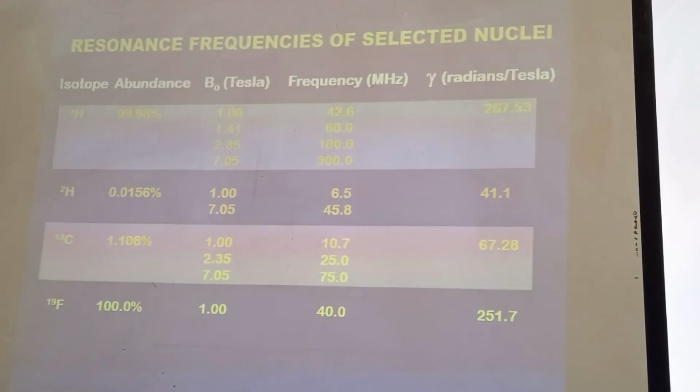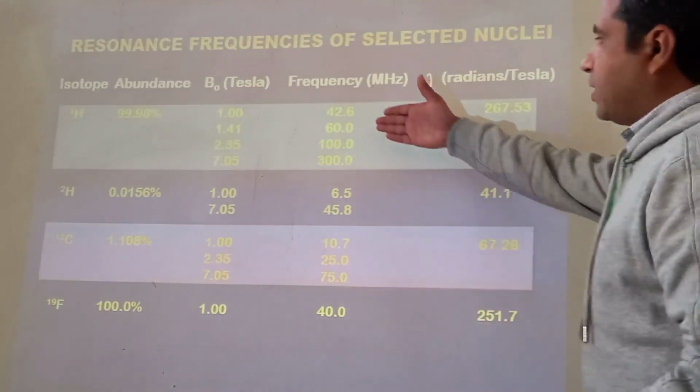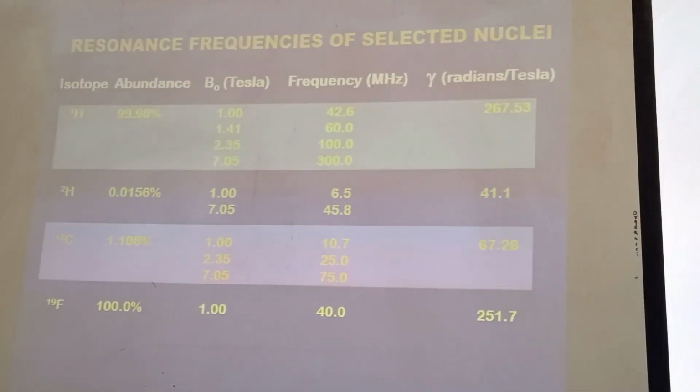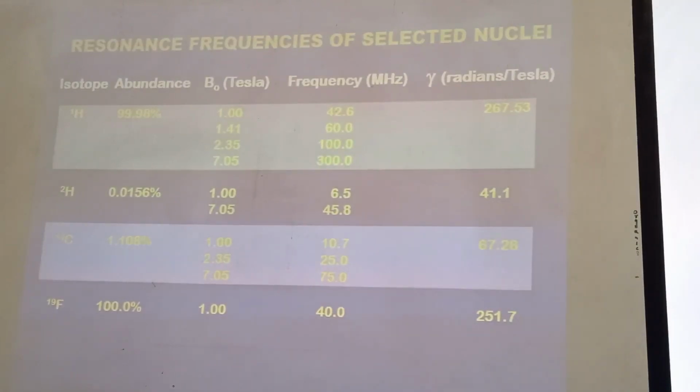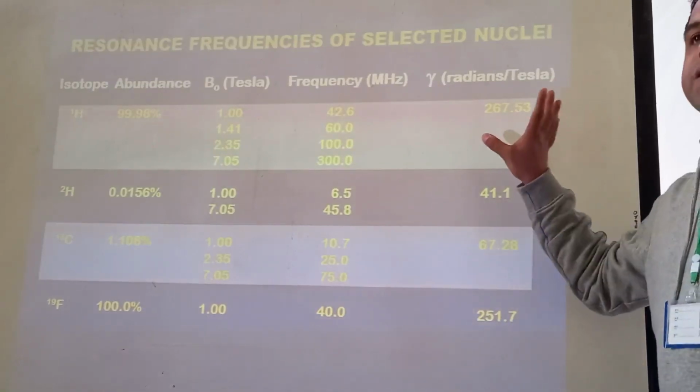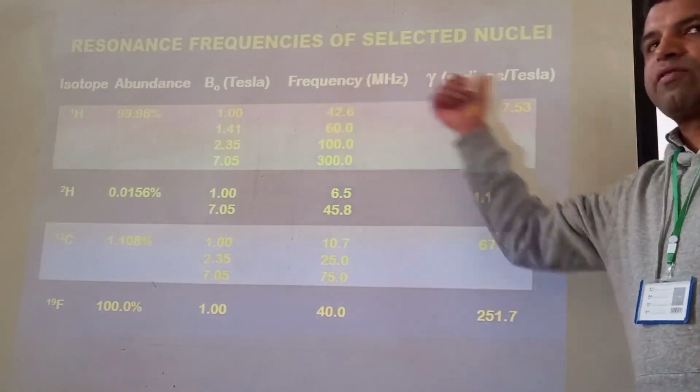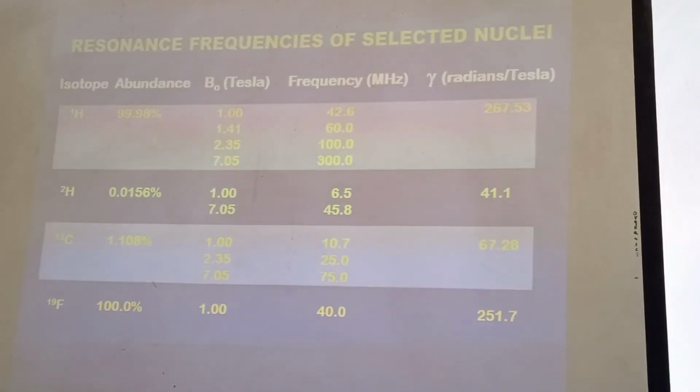That means that resonance will take place at 42.6 megahertz. At 1.41 Tesla, we just saw that the resonance frequency is 60 megahertz. If you increase the magnetic field to 2.35, then the frequency is 100. At 7.05, it is 300 megahertz. The gyromagnetic ratio remains the same. Even if you change the magnetic field, there is no effect on the gyromagnetic ratio.